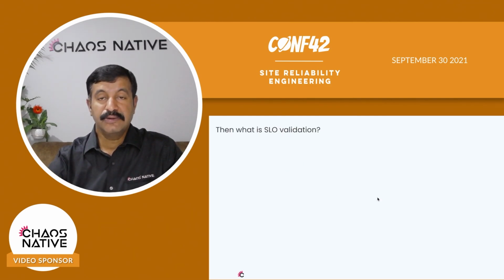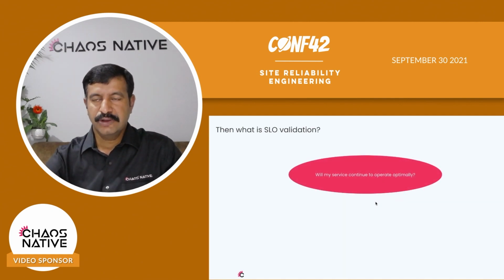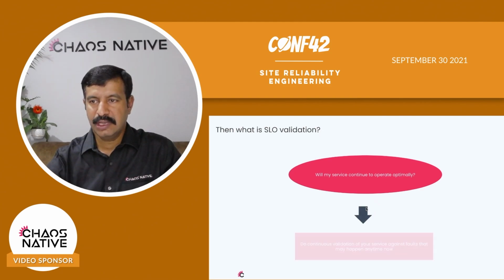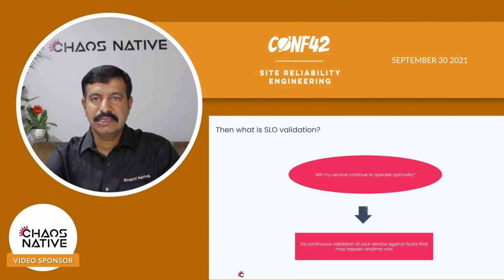Then what is SLO validation? SLO validation is really about so far so good, but how will my service be in the next minute, right? What happens if something goes wrong? Can I guarantee my service will stay up, right? So that's kind of validating SLO, right? So how do you do that? You try to continuously pull in some fault against your service.